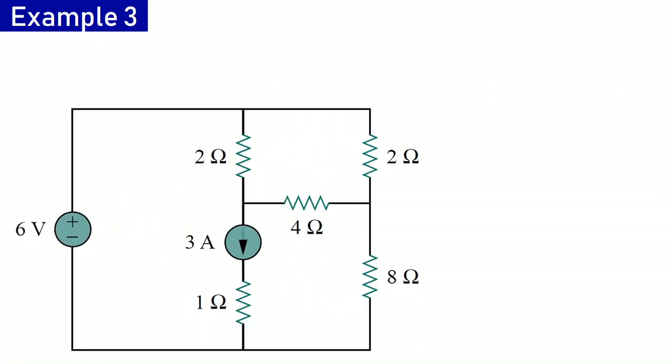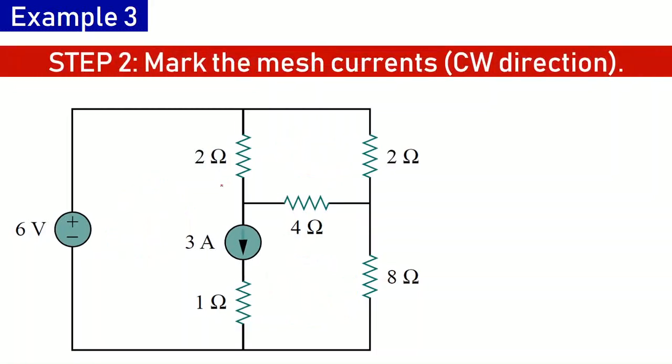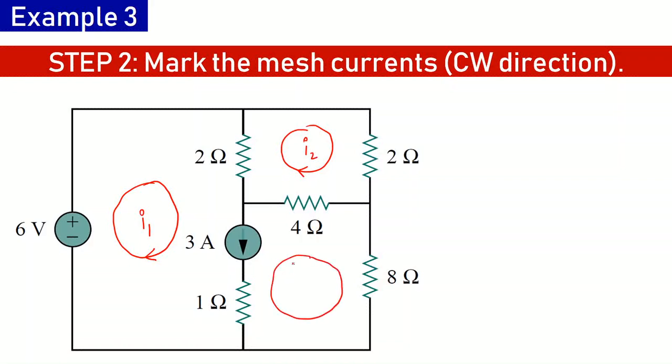Once we have identified the meshes, again we need to mark the mesh currents, and here we are marking all the currents in a clockwise direction. For mesh 1 I am marking the current as I1, for mesh 2 as I2, and for mesh 3 as I3.